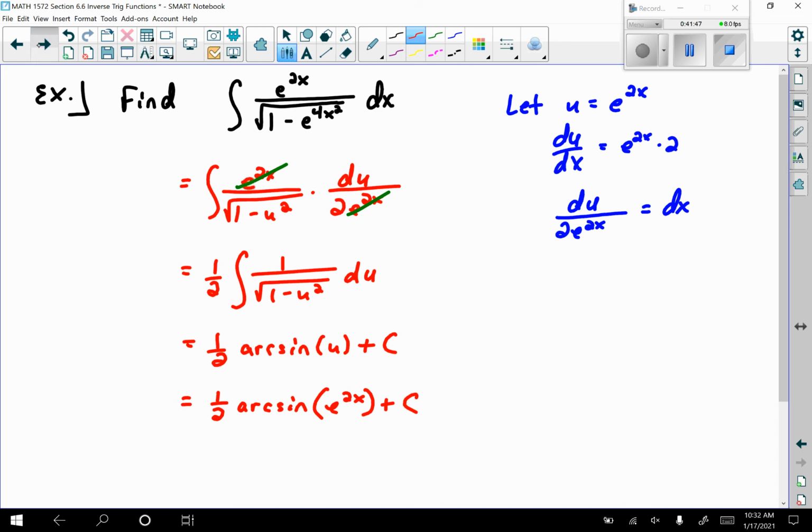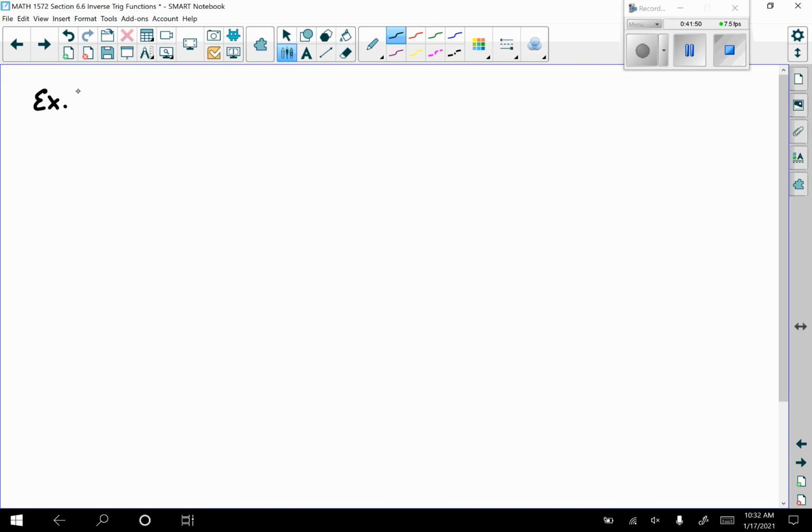Okay, let's do one more. Integral of 1 over x squared plus 4 dx. Before we do anything else, we kind of have to do an algebraic manipulation here. Right now it doesn't look like the form of, it looks closest to tangent, but this isn't 1 plus an x squared, but I could get that by factoring out a 4.